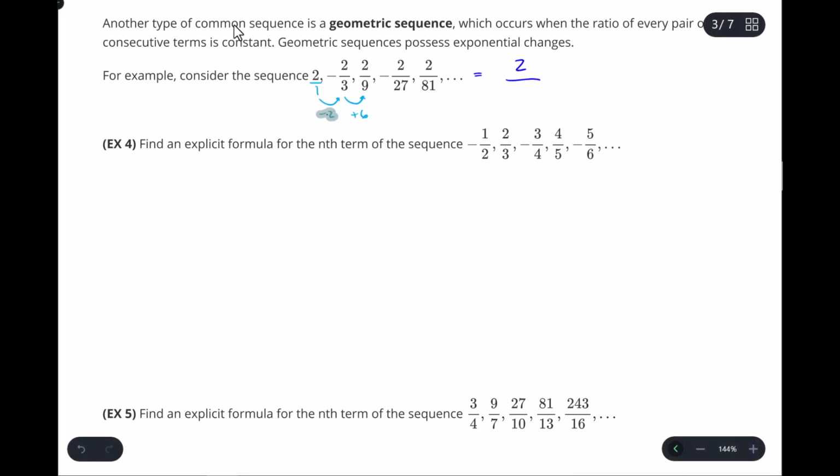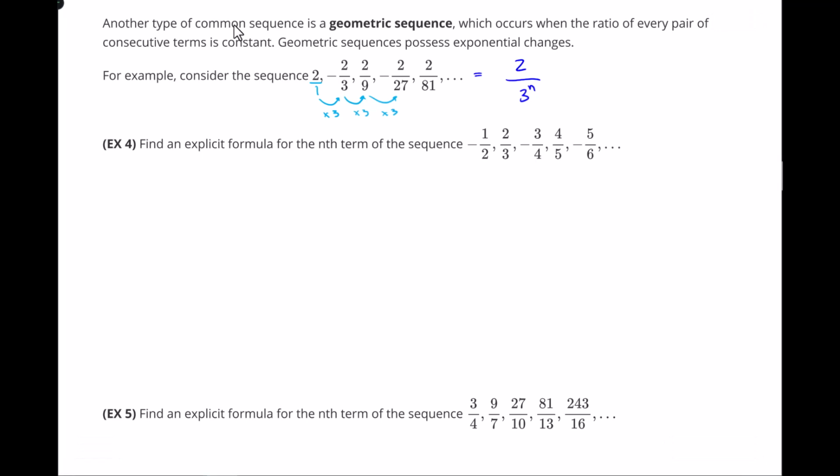But it's a multiplicative change, because to go from 1 to 3, you could multiply by 3. 3 times 3 would give you 9. 9 times 3 would give you 27. So we have a multiplicative change here, and so that's exponential, which means the denominator is going to be 3 to the nth power.